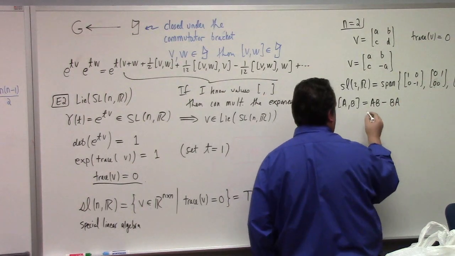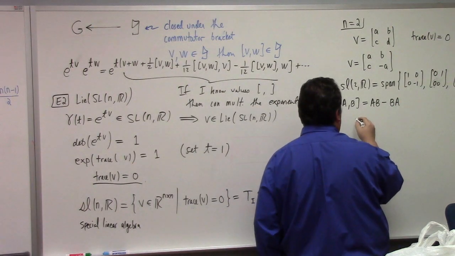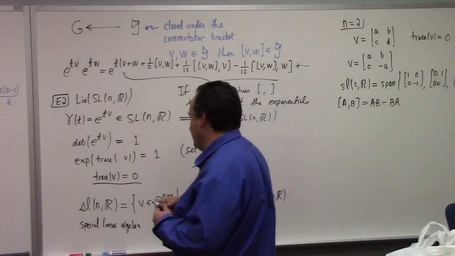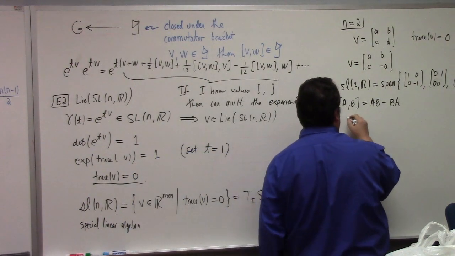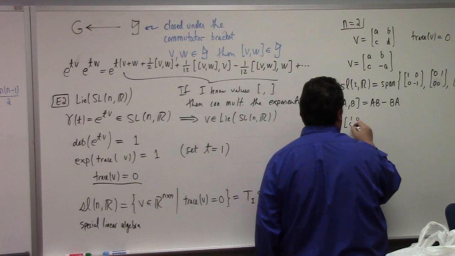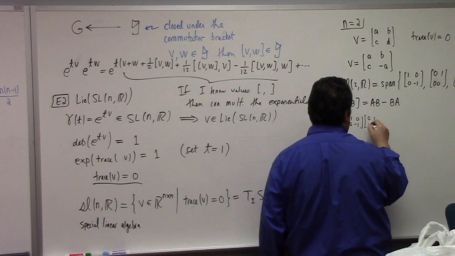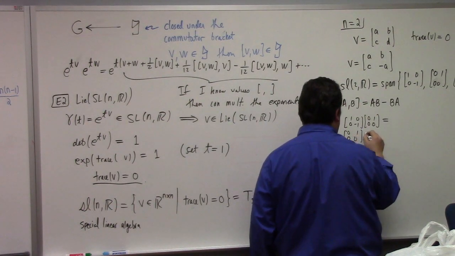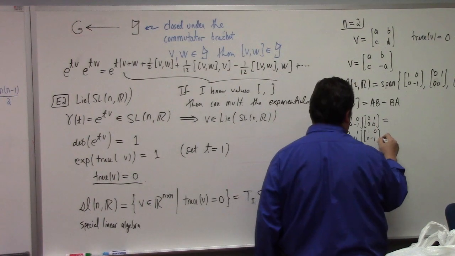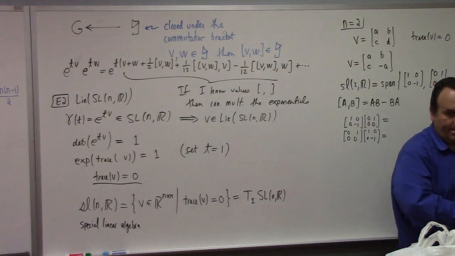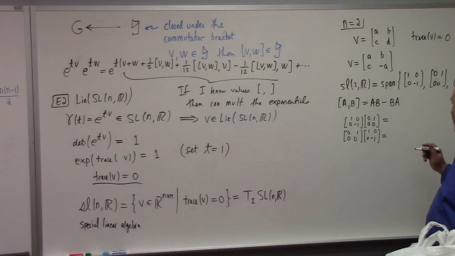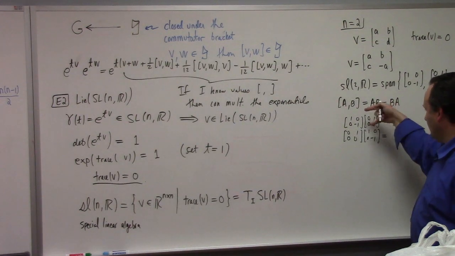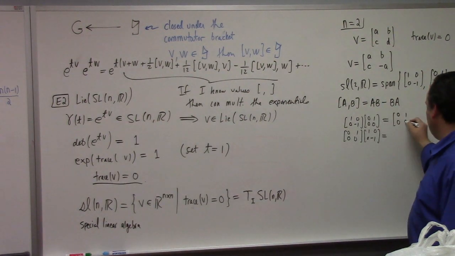What happens when you calculate? You guys help me out here. What do you get when you do 1, 0, 0, minus 1 times 0, 1, 0, 0? What's that give us? And what happens when we multiply in the other way? So I got 0, 0, and I've got 1, 0.